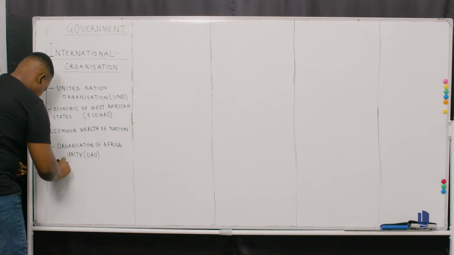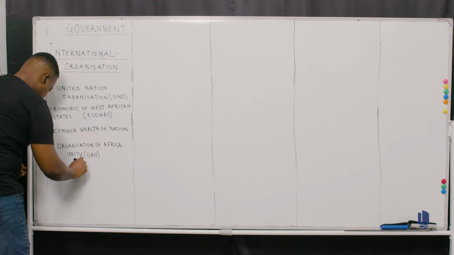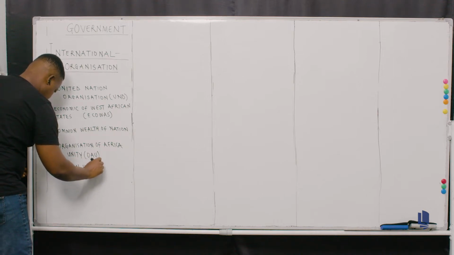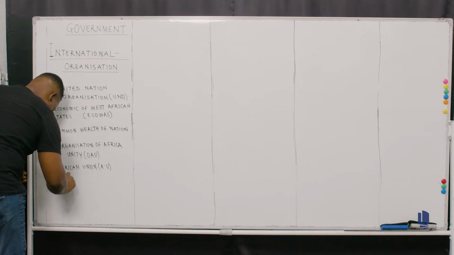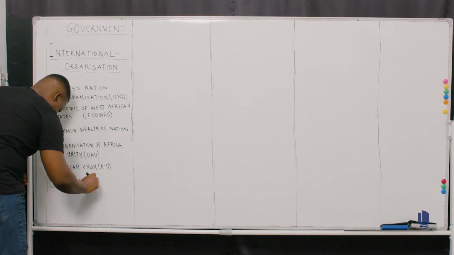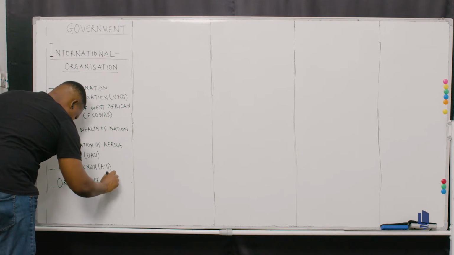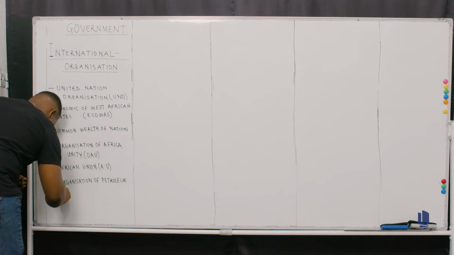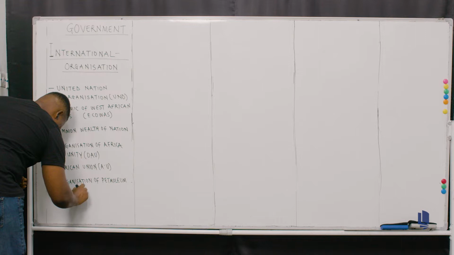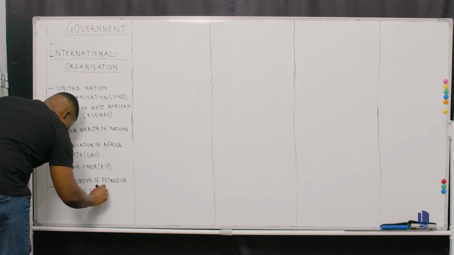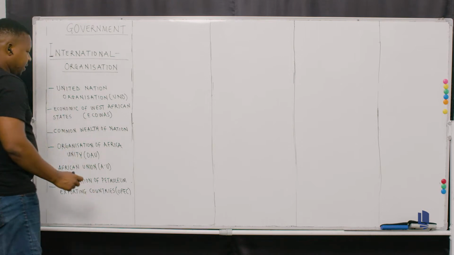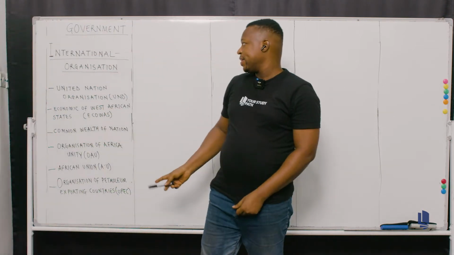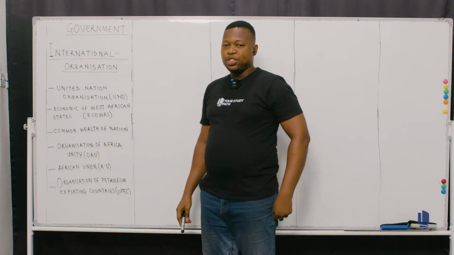We have African Union, AU. We have Organization of Petroleum Exporting Countries, which is OPEC.